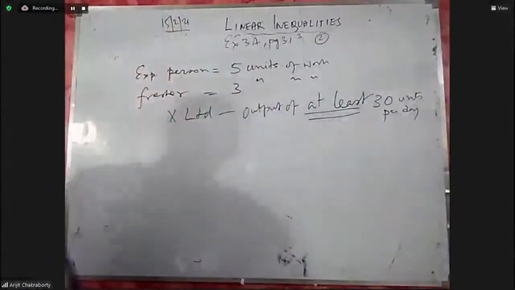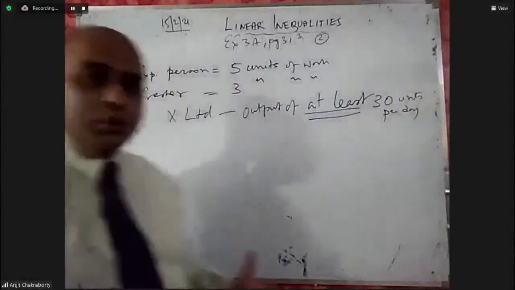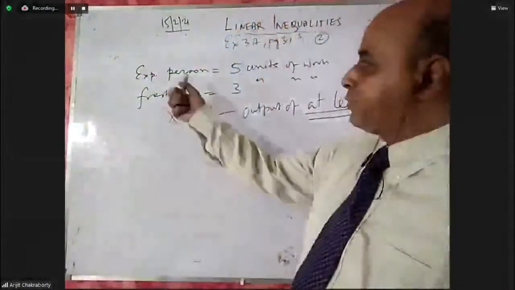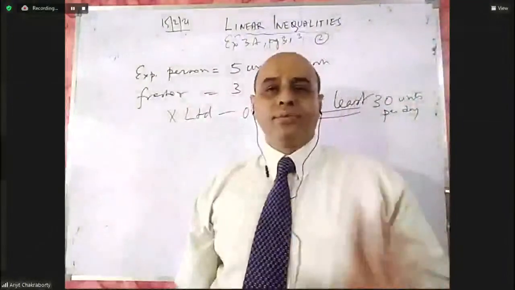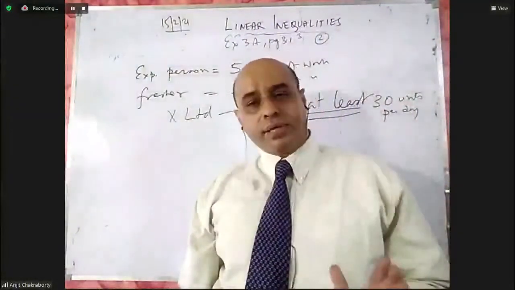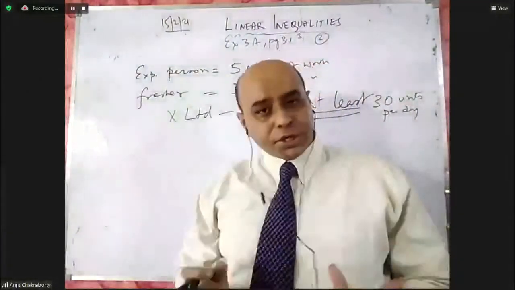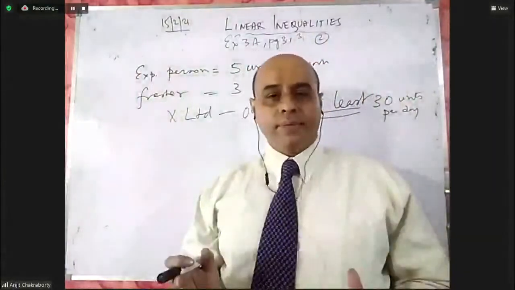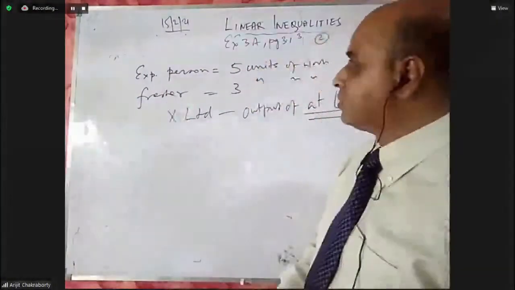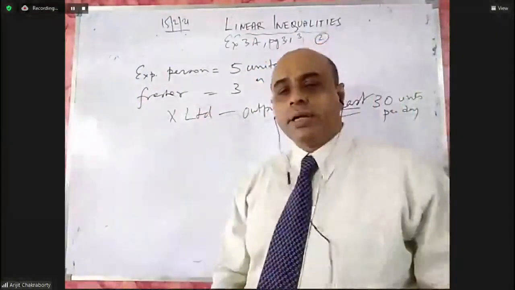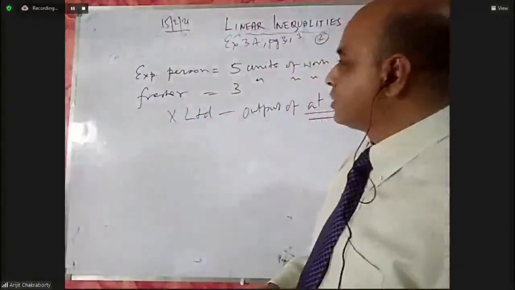Ideally, an experienced person is putting in 5 units of work. A fresher is putting in 3 units of work, right? It's a lovely question from the Board of Studies question bank, which is given in the exercises.